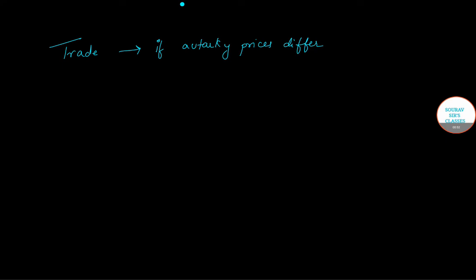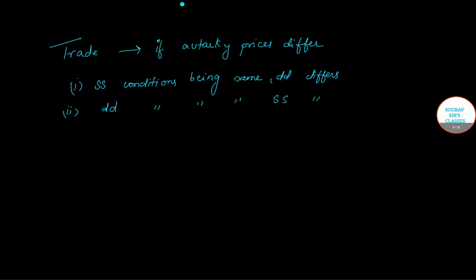Now, these prices will differ only if, number one, so there are two parts to this: supply conditions being the same, the demand condition differs, and the other part is that demand conditions being the same, the supply conditions differ.